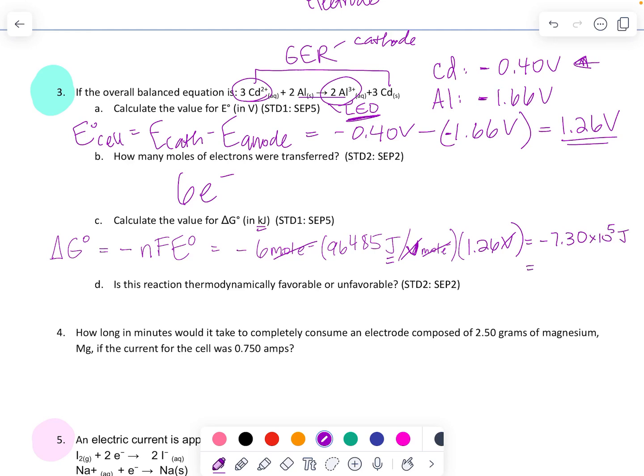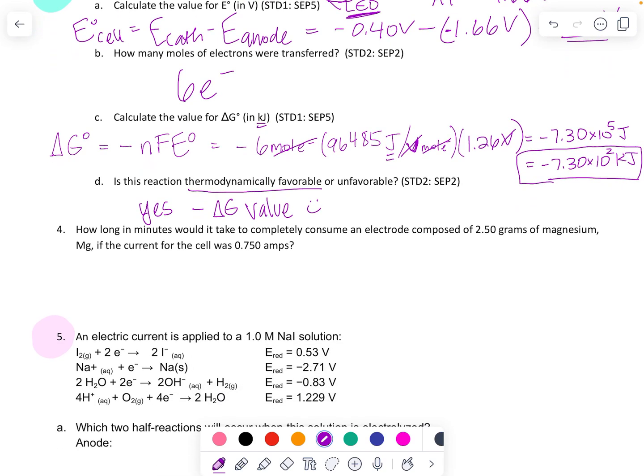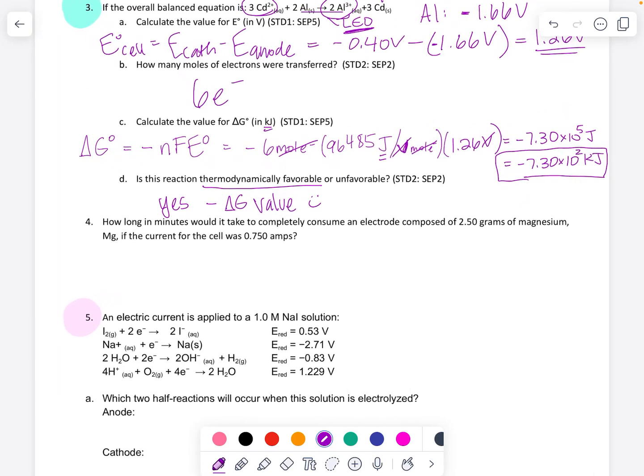And when I divide by 1,000, I get negative 7.30 times 10 to the 2nd kilojoules. Is this thermodynamically favored? Well, that means that our Gibbs free energy is negative. That's how we know that. And so I would say yes, because we have a negative delta G value.